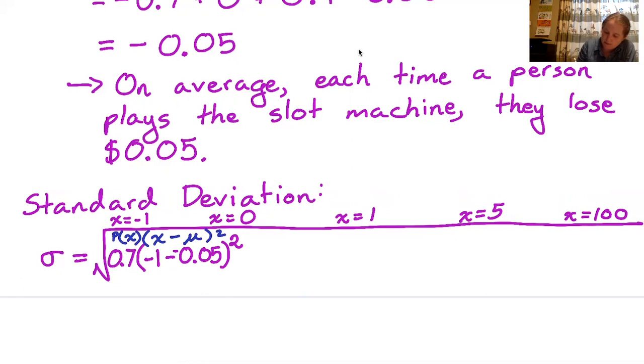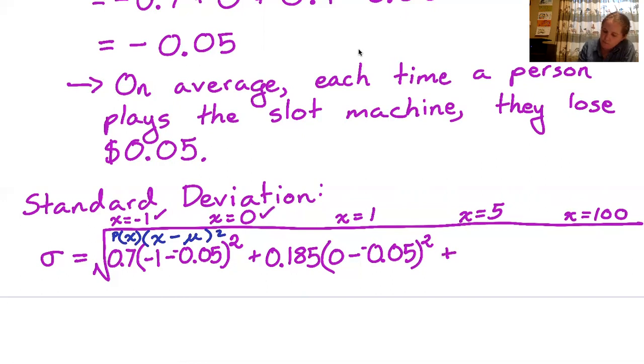Now we will do the same thing for 0. So 0 had a probability of 0.185. Multiply that by 0 minus -0.05, and then square. So we've done -1, 0. Now we do the same thing for x equals 1.